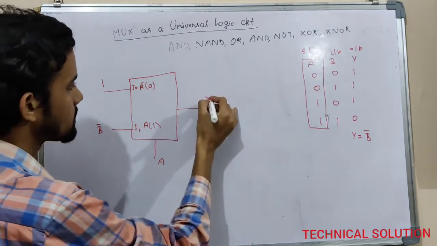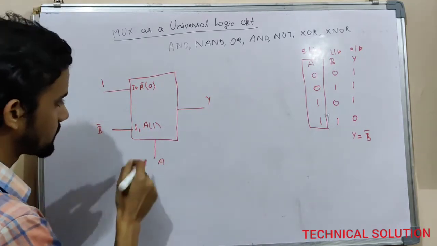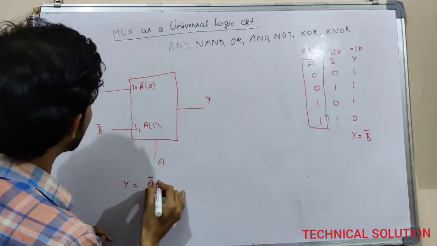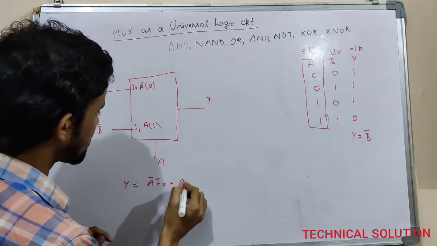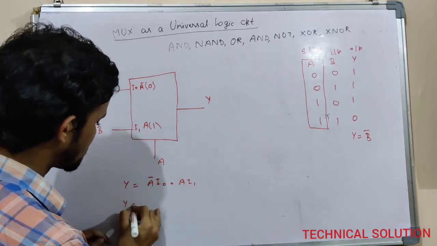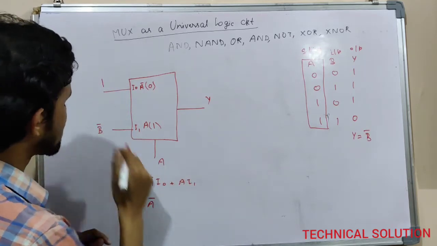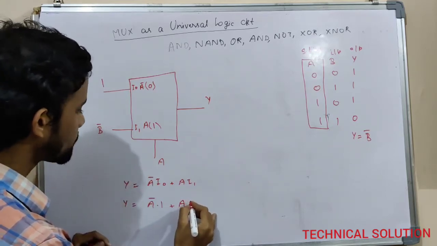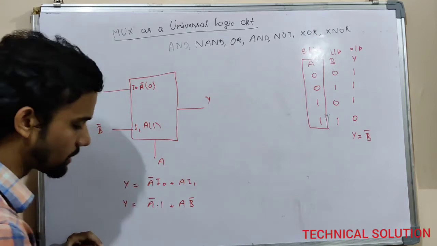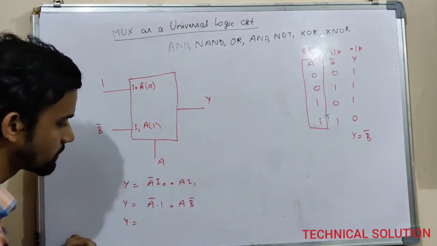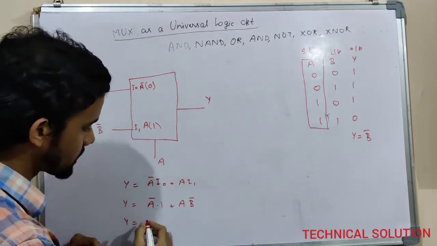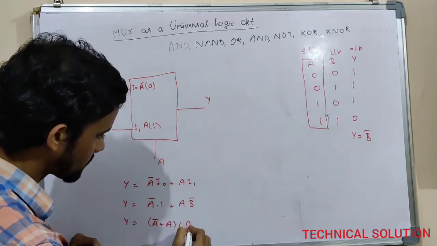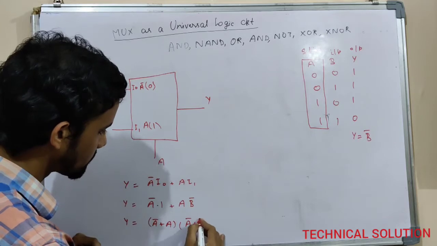If you solve this multiplexer, then we get A bar I0 plus A I1. That means A bar I0 corresponds to 1, plus A and I1 corresponds to B bar. We can solve it further, and if we apply the distribution theorem, then we get (A bar plus A) into (A bar plus B bar).